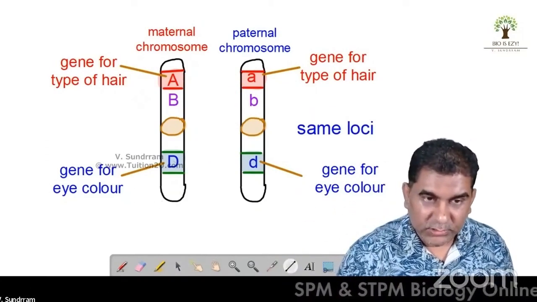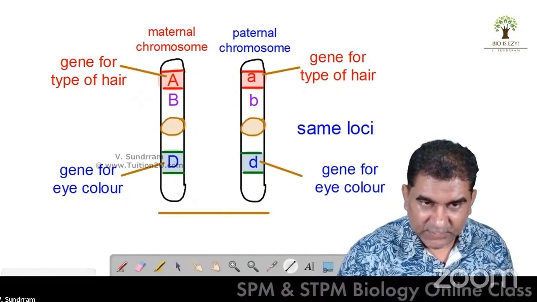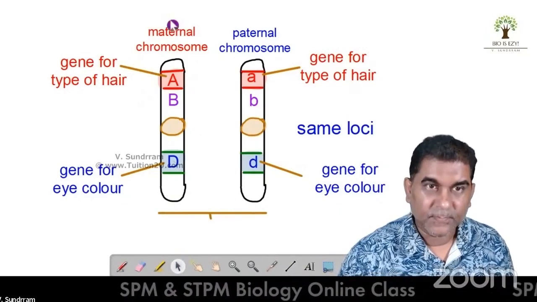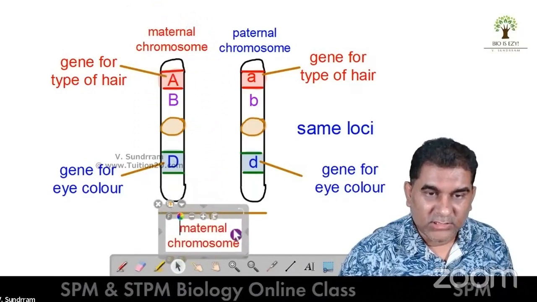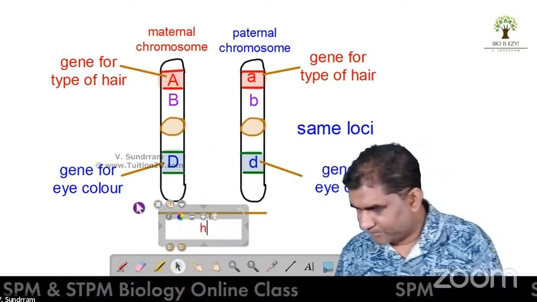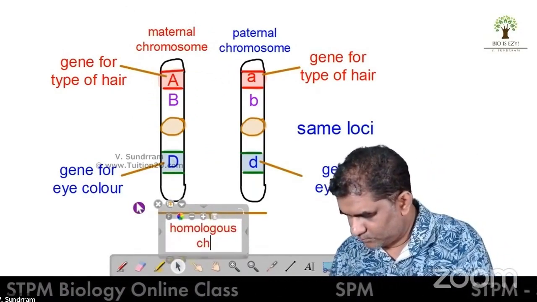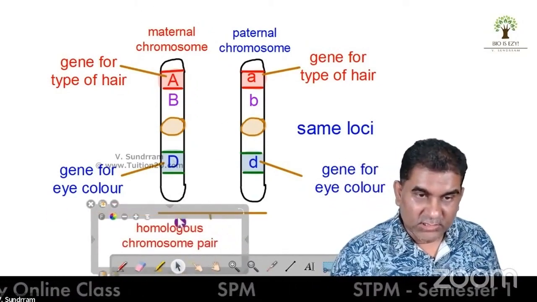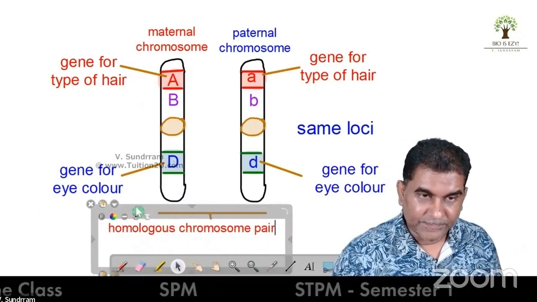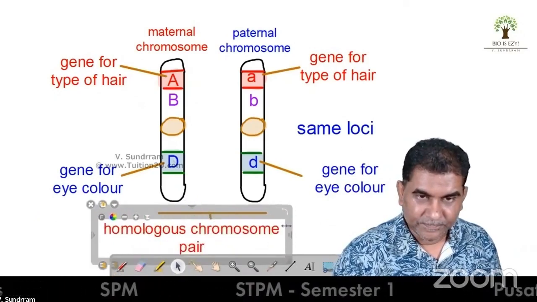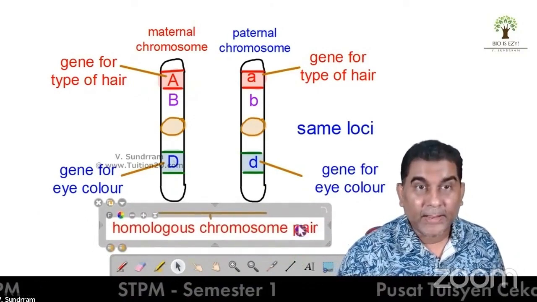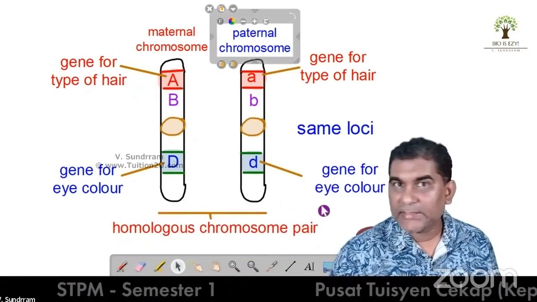These two are a homologous chromosome pair. Every homologous chromosome pair has one maternal and one paternal.